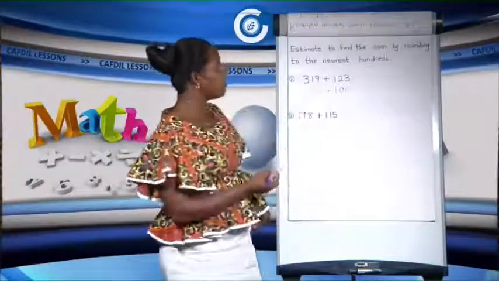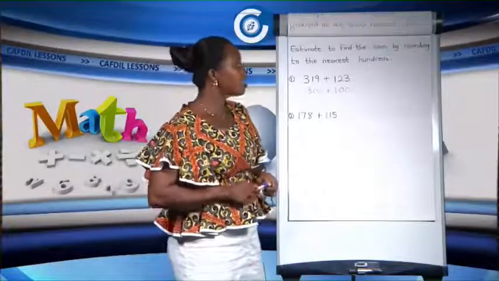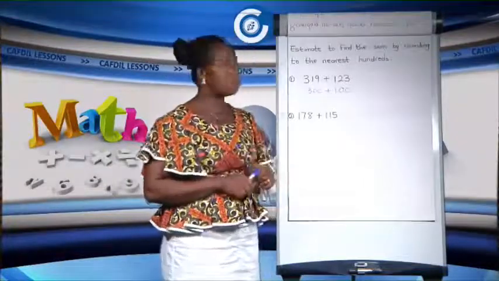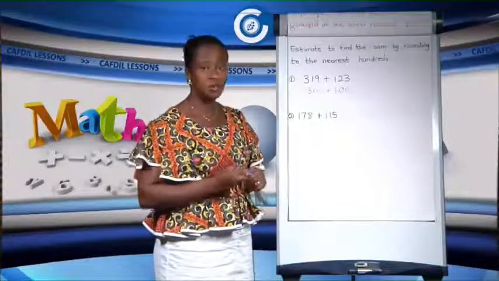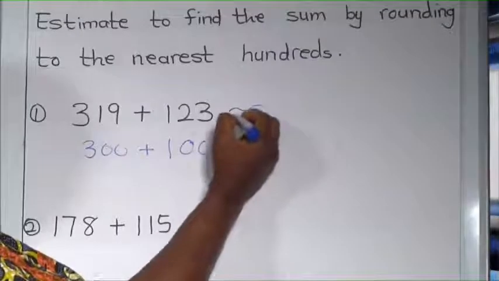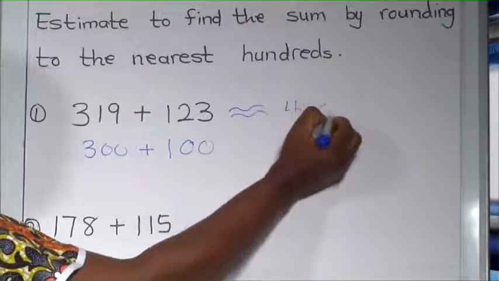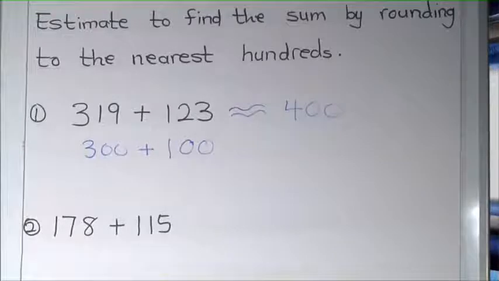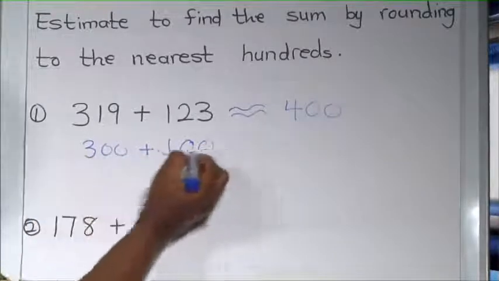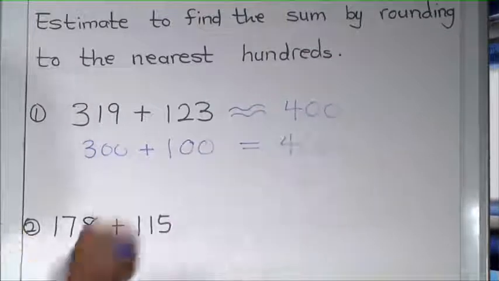So estimated to find the sum by rounding to the nearest hundreds, 319 plus 123 will be approximately equal to 400. But 300 plus 100 is equal to 400.